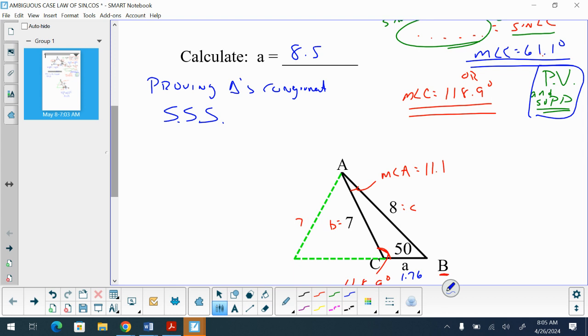You had the side-angle-side postulate, which said if 2 sides and the included angle of one triangle are congruent to 2 sides and the included angle of a second triangle, then the 2 triangles were going to be congruent.